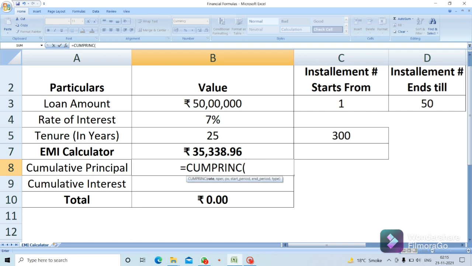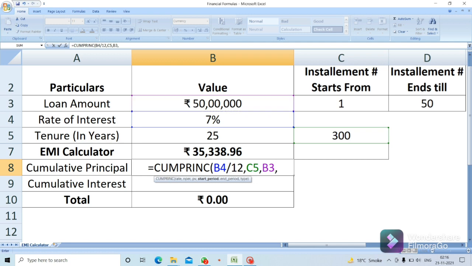After entering this function, I input certain variables. First, the rate of interest divided by 12, so that it gives the monthly rate of interest. Then the total number of installments, which is 300, in cell C5. Then the total principal value, which is 50 lakh rupees, in cell B3.